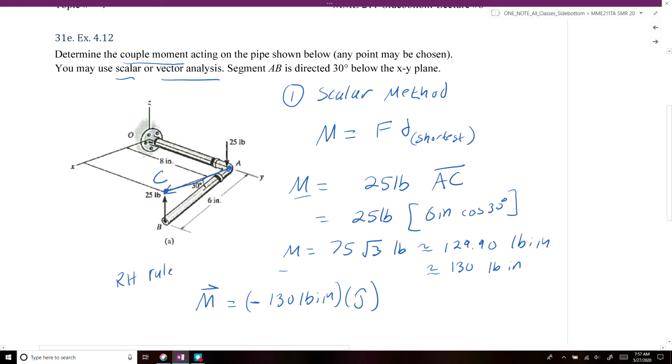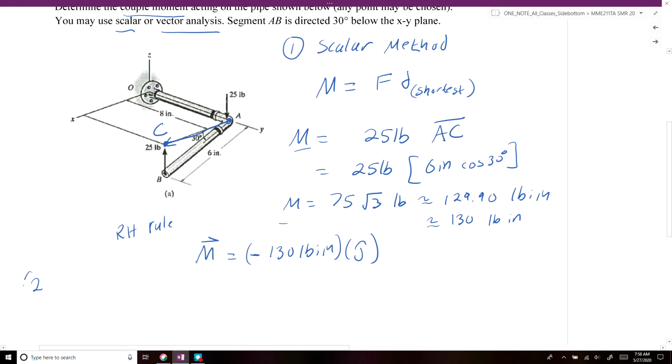Okay, so the second case here is the vector analysis portion. We can check our methods using the vector method. For the vector method, our moment is going to be equal to RAC cross FB.